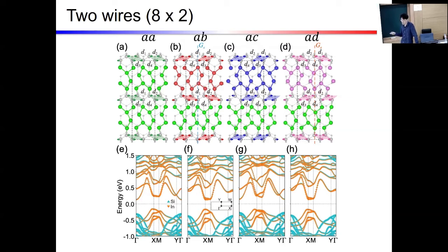Then we did an intensive tight-binding calculation to see which is the lowest ground state. Each is a band structure over here. We noticed that F and H are actually identical to the RPS measurement.